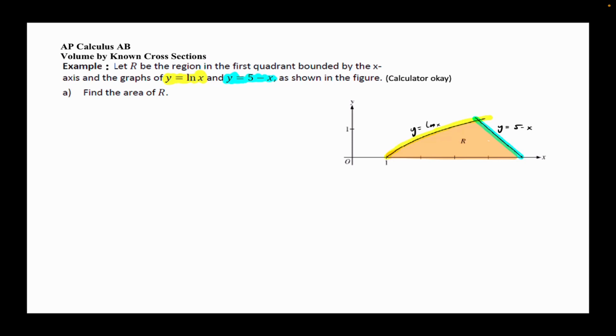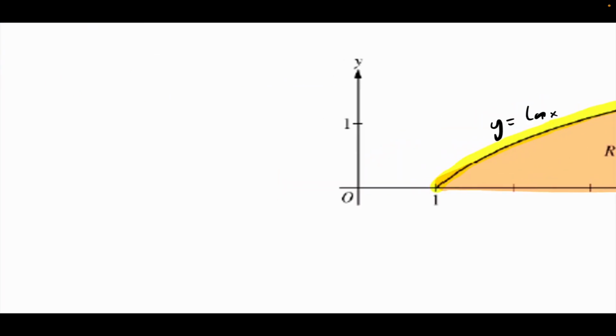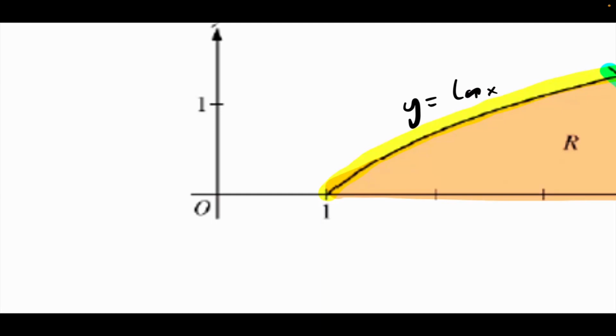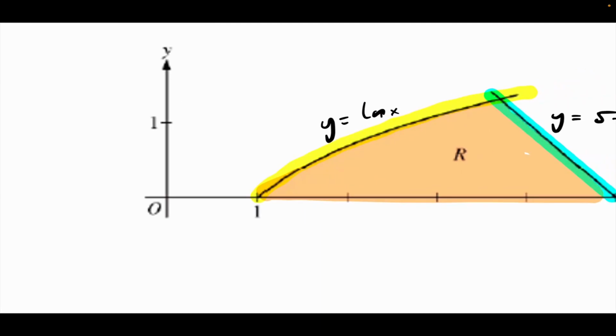If you wanted to do top minus bottom, you'd have to do it in 2 different pieces. You have to split it up into R1 and R2 because the yellow is the top for this part, and the blue is the top for this part.